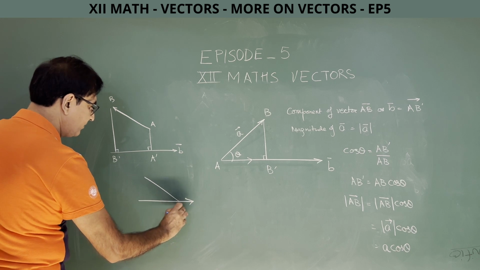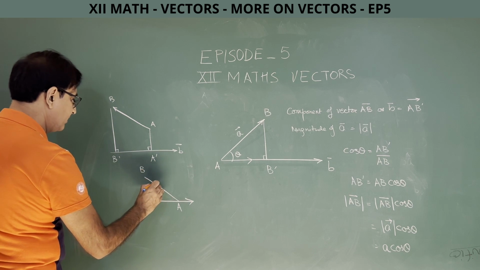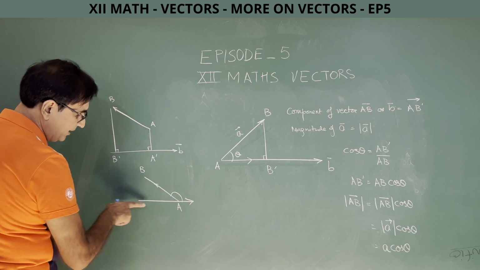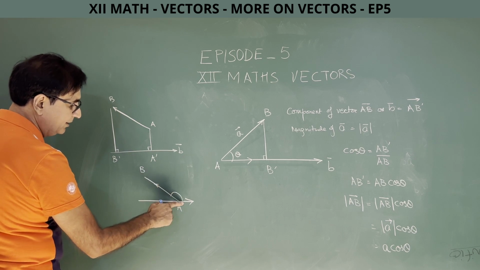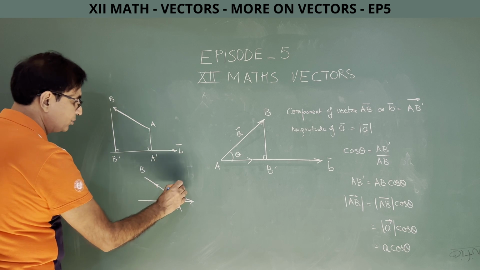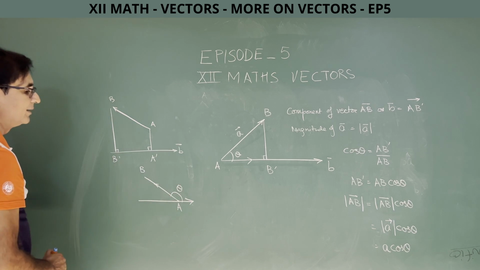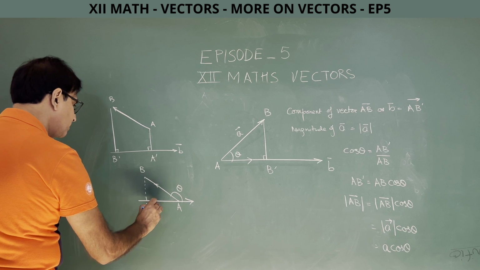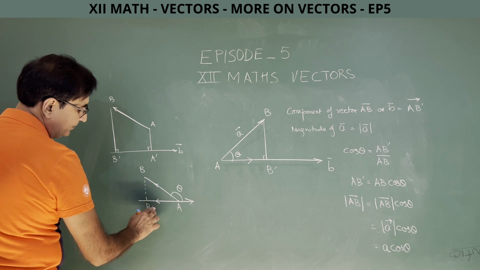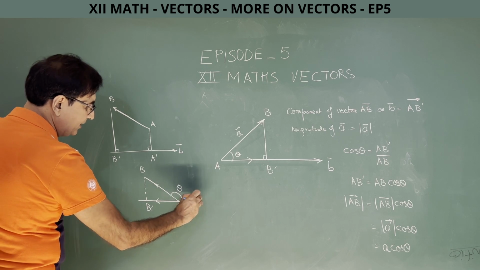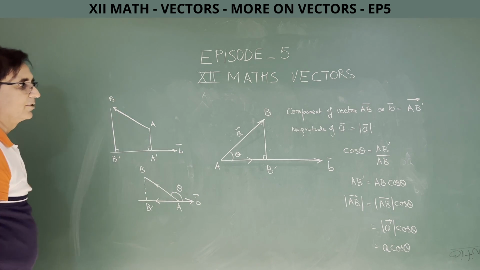So this is A, this is B. This is the angle between the vectors, not this, because here one vector is arriving, another is leaving. So you see this vector is leaving, so is this vector leaving. So theta here is obtuse, more than 90 degrees. So now you drop your anchor B dash. So this is it. This is the component of the vector on vector B, and you can see the direction is opposite to that of B.